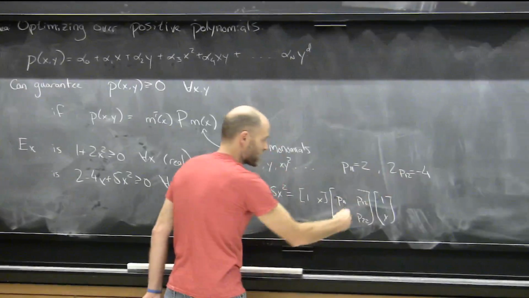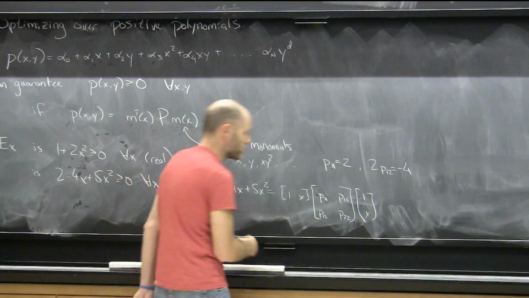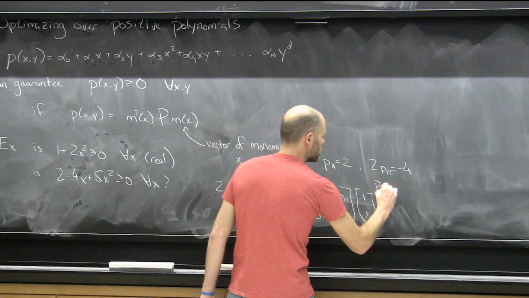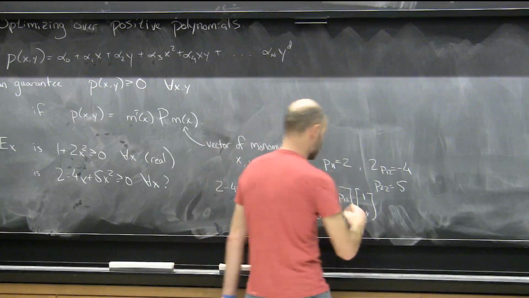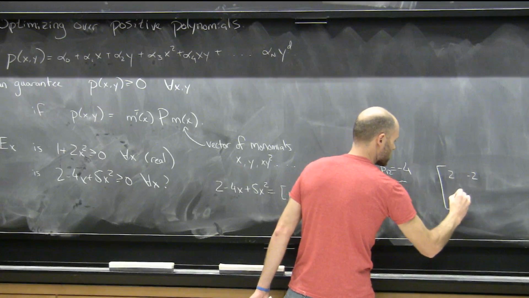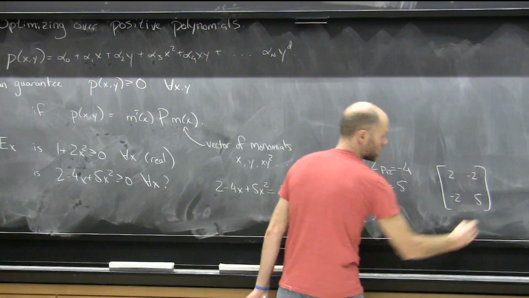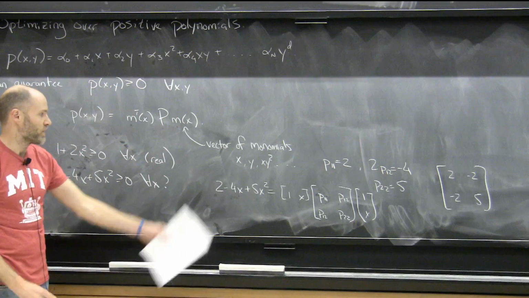Again, what's important is that these are linear constraints. Matching the coefficients are linear constraints that we're going to add. And then P22 is going to be 5. So that gives me a matrix 2, negative 2, negative 2, 5. And if you take the eigenvalues of that, it's 1 and 6.